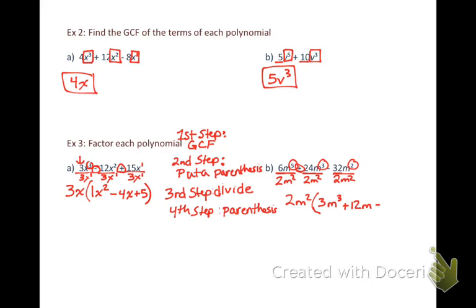And then I have a minus sign. That's my next sign. And 32 divided by 2 is 16. And then I have 2 minus 2, which is 0. So there aren't any variables, and there's your answer. And that's the end of this lesson.